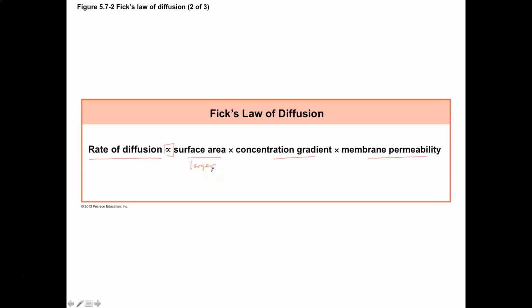The more square units of surface area you have, the faster the rate of diffusion is going to be. You see that in patients with emphysema. As you destroy and lose lung tissue and lose overall surface area, you're going to see a decrease in the rate of diffusion of respiratory gases. So as you have a decrease in surface area, you have a decrease in rate of diffusion.